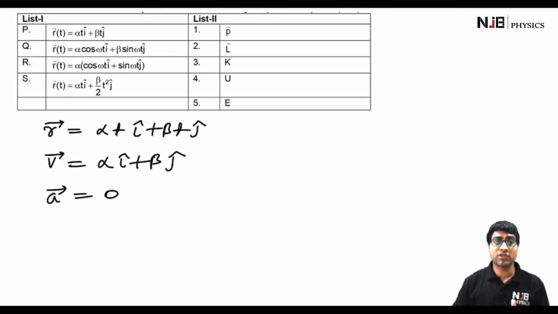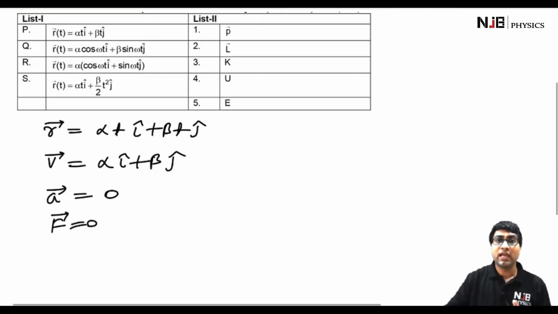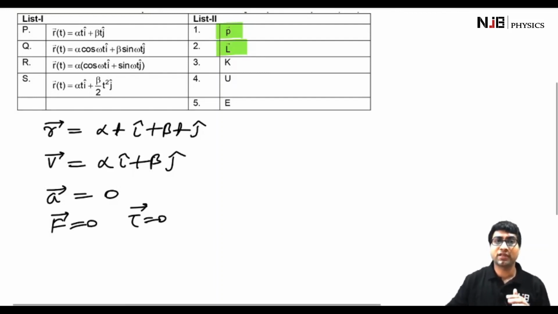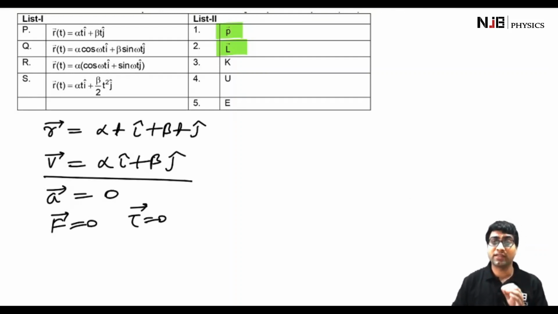If acceleration is 0, force is going to be 0, and if force is 0, then definitely linear momentum will be conserved. Now if the force is 0, definitely the torque is going to be 0. If torque is 0, then we can say that angular momentum is also conserved. Now let's talk about kinetic energy, whether it is conserved or not. You can see that the velocity is constant and therefore speed is constant, and therefore kinetic energy is constant, or it is conserved.